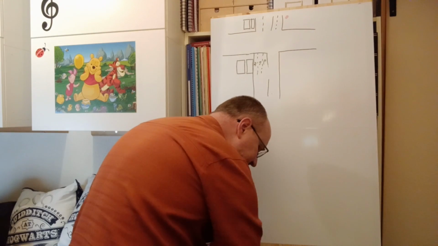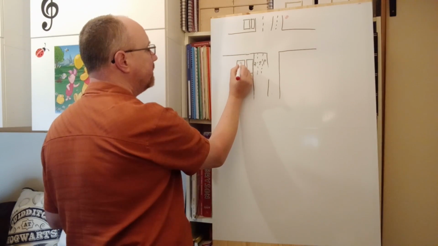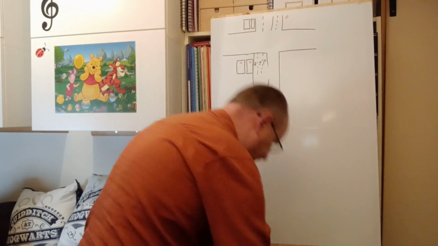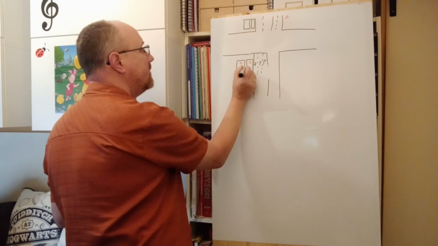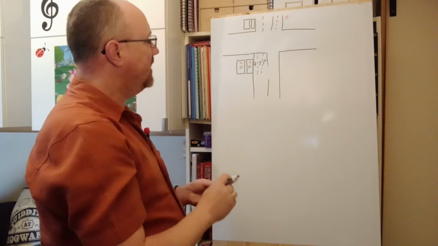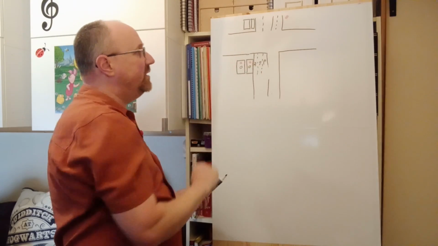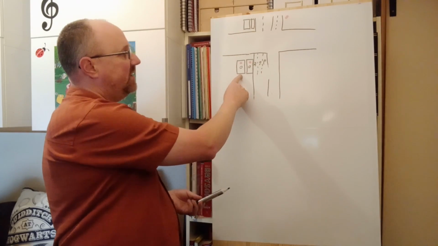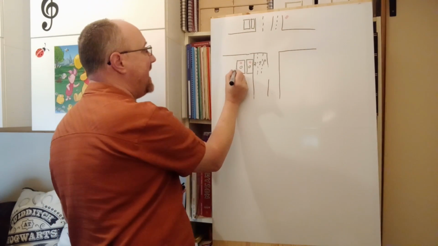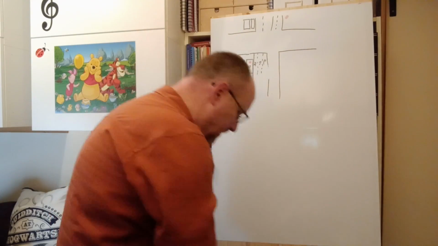So what traffic lights are we going to have here? Well, we're going to have red, amber. We're going to have something at the bottom. So this traffic light is probably going to have a right pointing arrow. This traffic light is probably going to have a straight and a left, either bolted onto the side or bolted underneath.